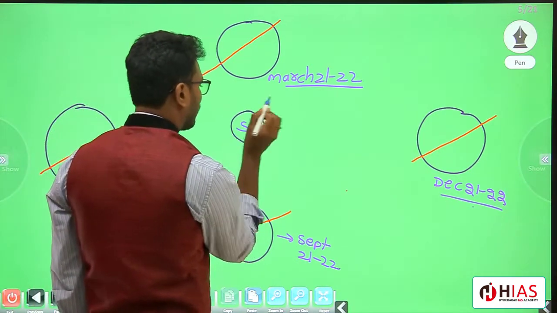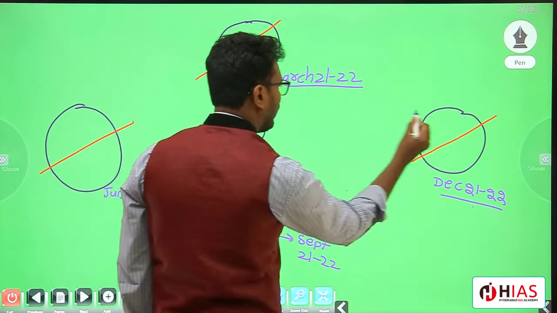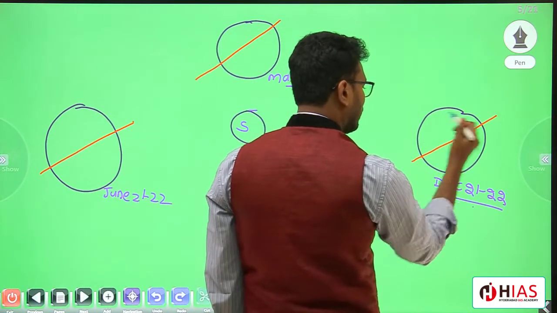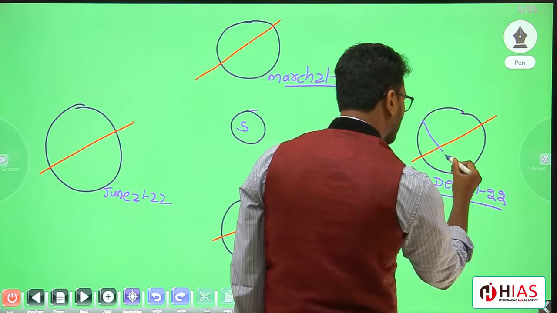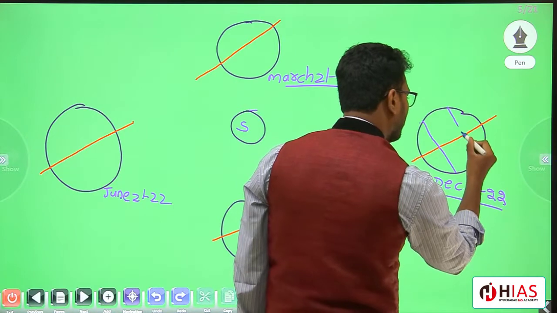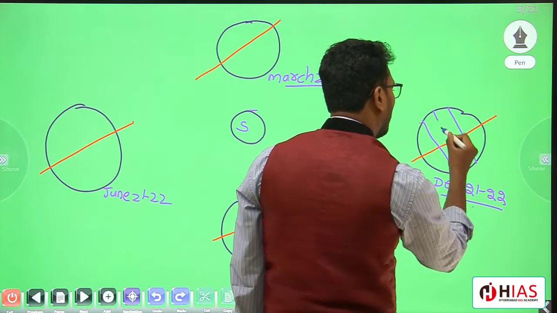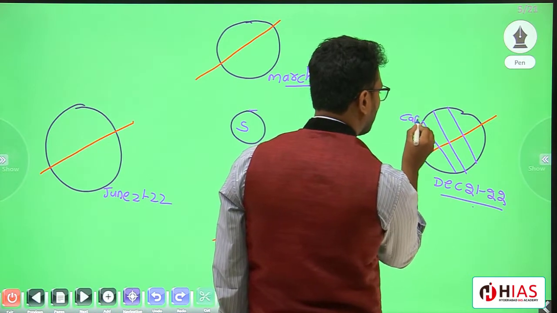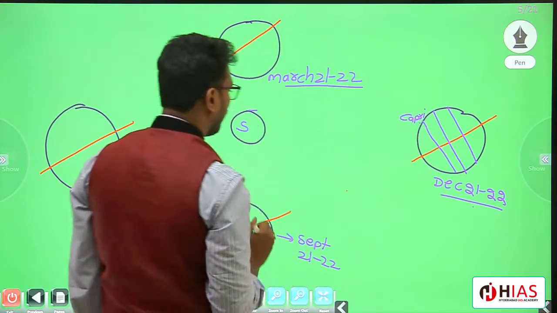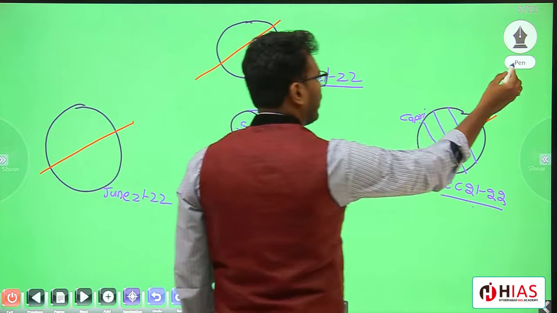So this is the sun. Just imagine the sun's rays falling over here. Say, for suppose, this is the earth, this is the axis of the earth, this is called the Tropic of Capricorn, this one is called the Tropic of Cancer, and this one is called the equator. I'm writing it like this: Tropic of Capricorn. So what is happening?